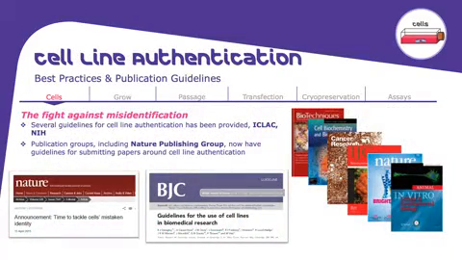Due to this problem with contamination and misidentification of the cell lines, several guidelines for cell line identification have been put in place and are being supported by ICLAC and NIH. And a lot of publishing groups, for example the Nature publishing group, now have guidelines. When you submit a paper, it is absolutely required to provide identification of the cell line you've been using for your experiments.